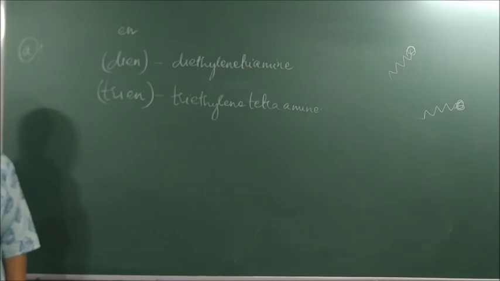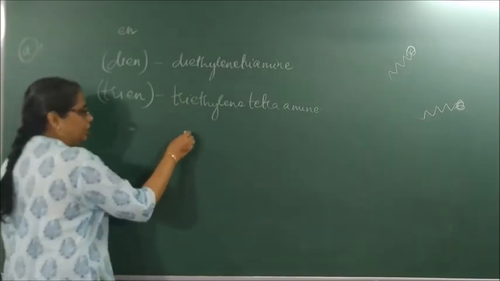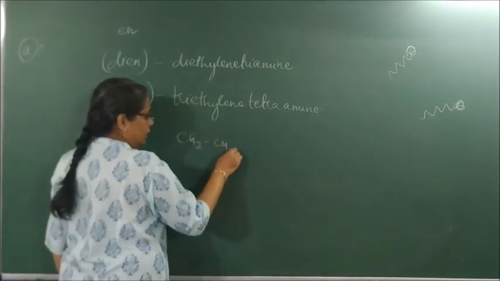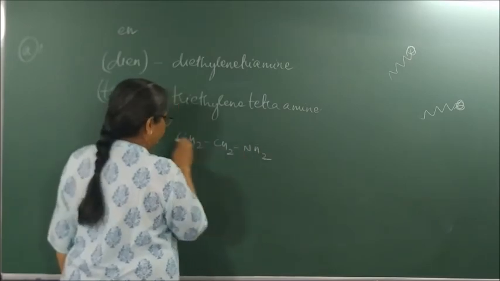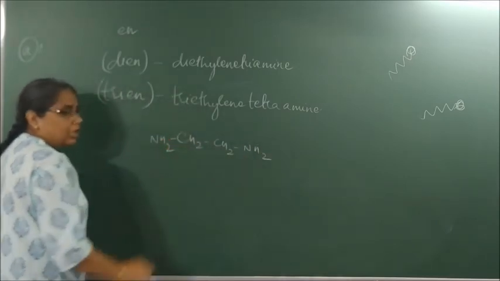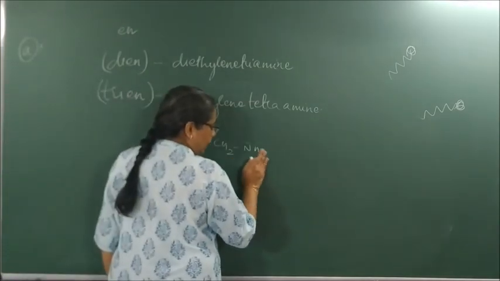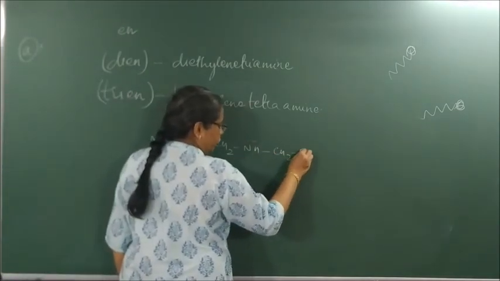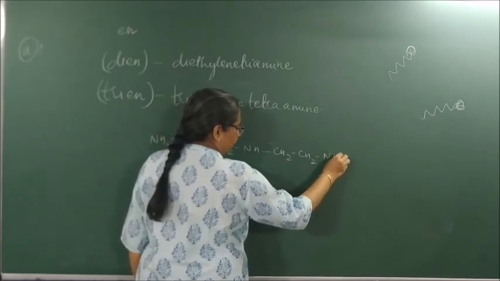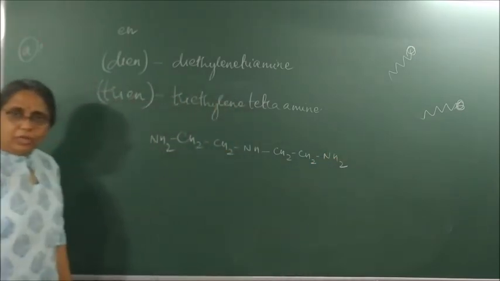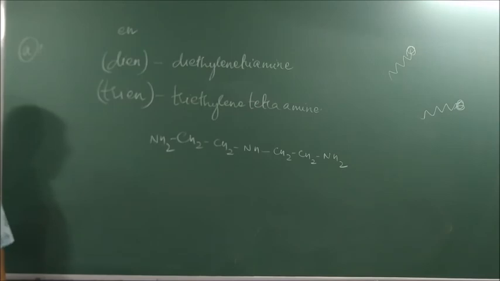Look, CH2 CH2 NH2 NH2 is what? Ethylene diamine. Remove one H, add CH2 CH2 NH2. This becomes what? Diethylene triamine.